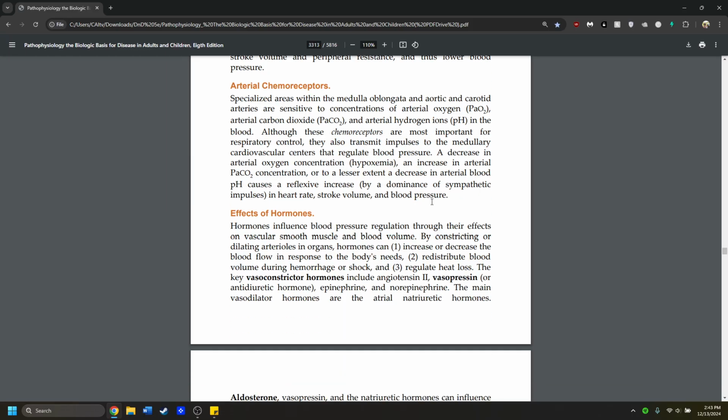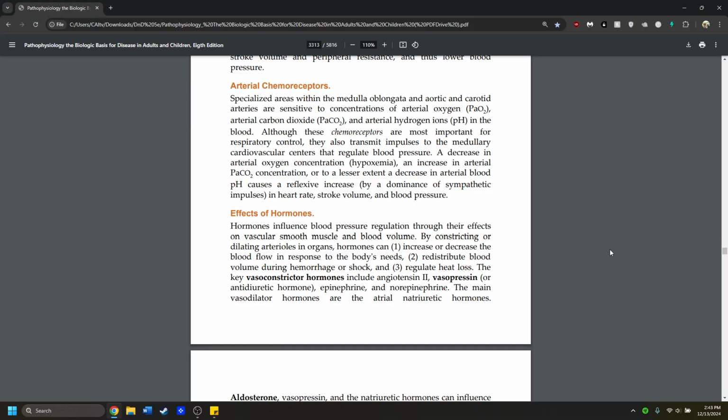Your arterial chemoreceptors, specialized areas within the medulla oblongata and aortic and carotid arteries, are sensitive to concentrations of arterial oxygen, your PaO2, arterial carbon dioxide, or PaCO2, and arterial hydrogen ions, or pH, in the blood.